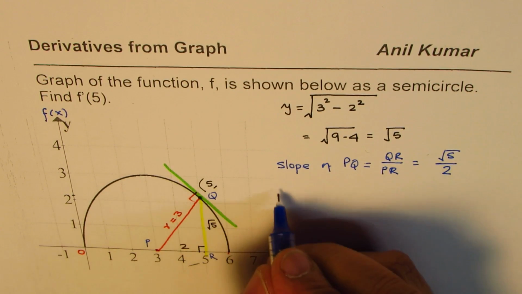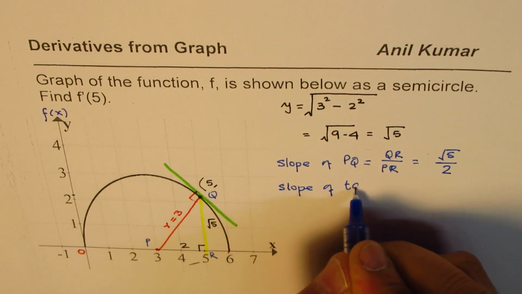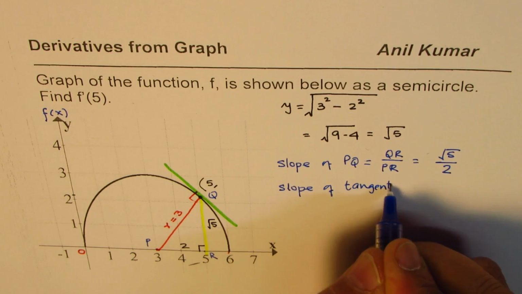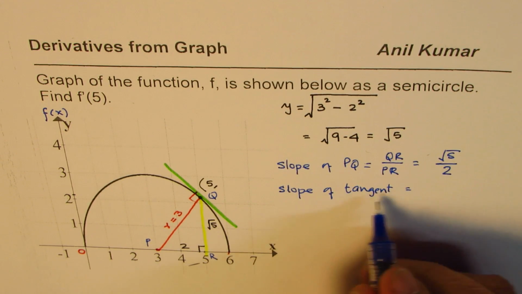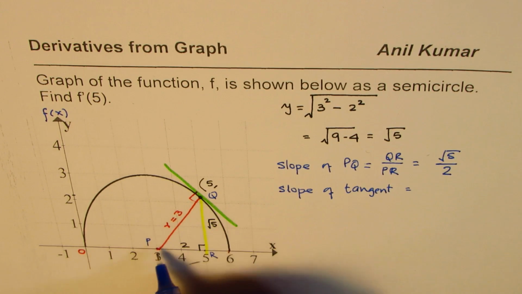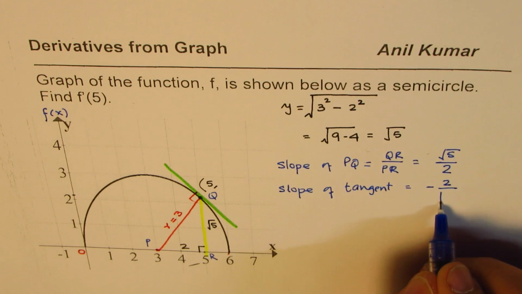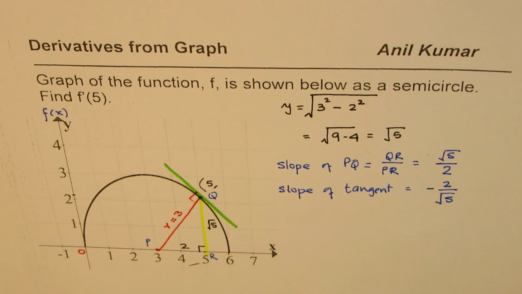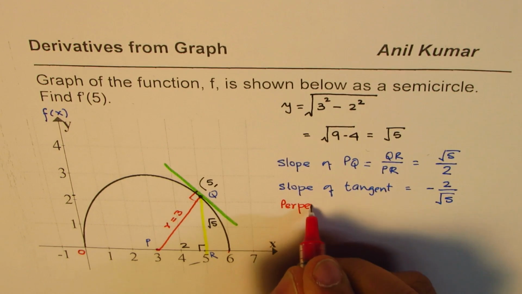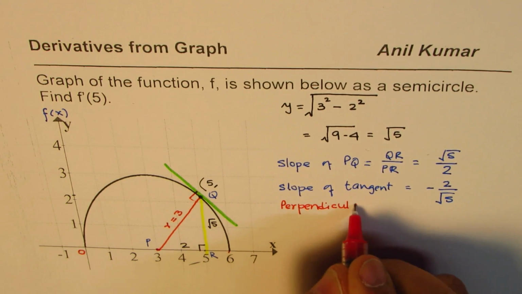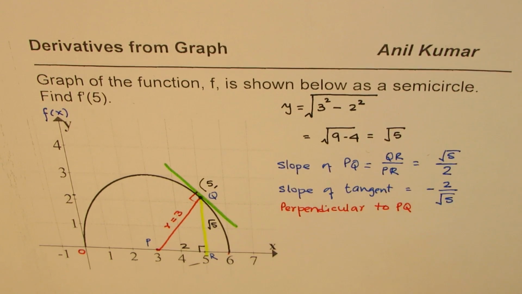What is the slope of the tangent? The slope of the tangent will be the negative reciprocal of that, right? Because that is perpendicular to PQ, right? So it has to be minus 2 over square root of 5. Since the slope will be perpendicular to PQ, it is the negative reciprocal.